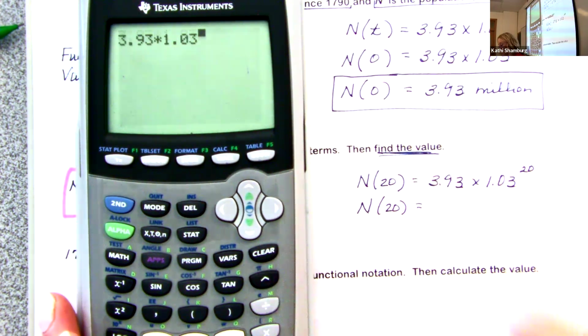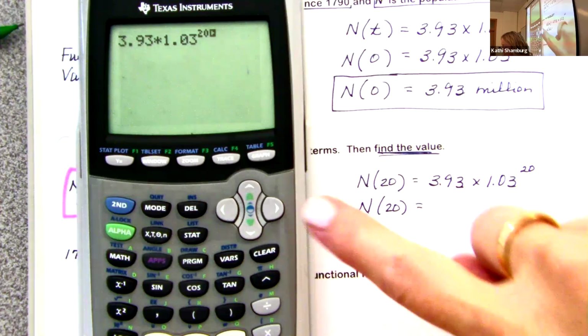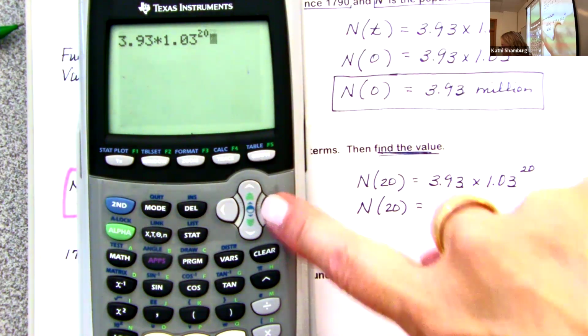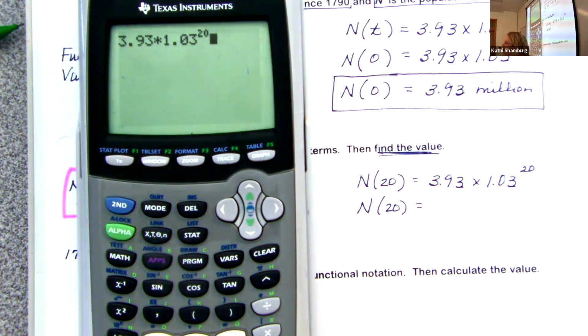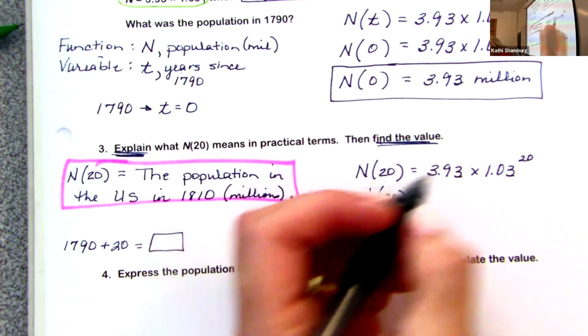I'm going to push that up to the exponent and put in 20. Since we're done, we don't have to enter anything else. I can just hit enter. If I needed to bring the cursor down, it would be a right arrow, but you don't have to do it on this one because that was the end of it. Okay, so here's what we get.